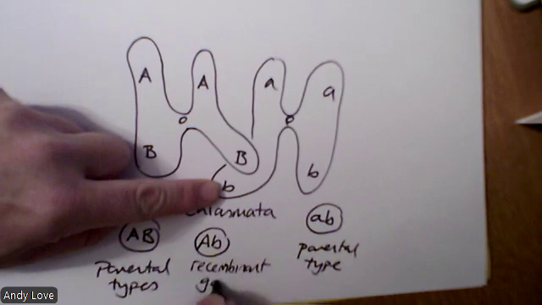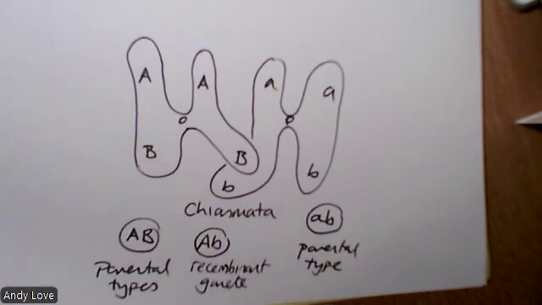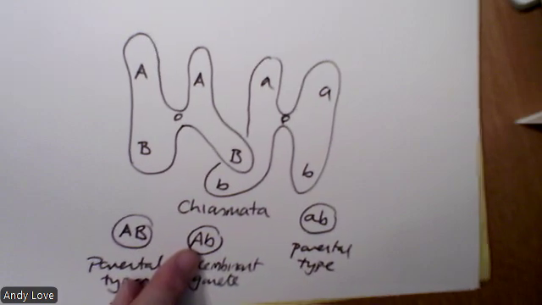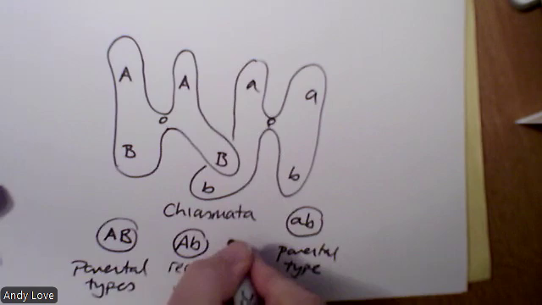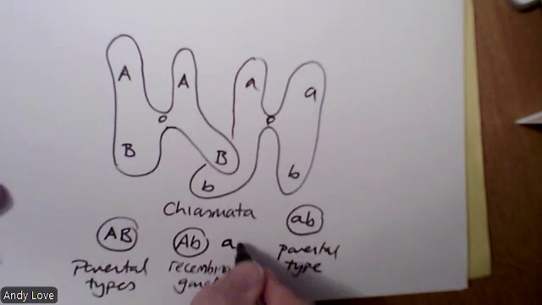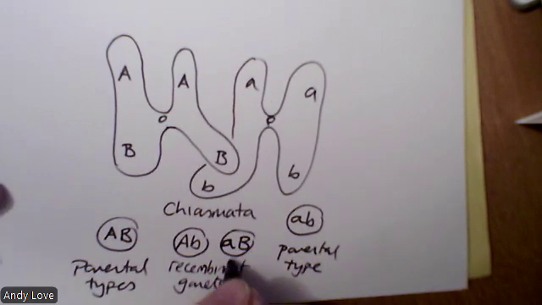Now, crossing over is rare, it's random, it doesn't always occur, so there is not going to be a lot of that gamete. And the other gamete you will find is the little a joining on with the capital B. So both of these are recombinant gametes.